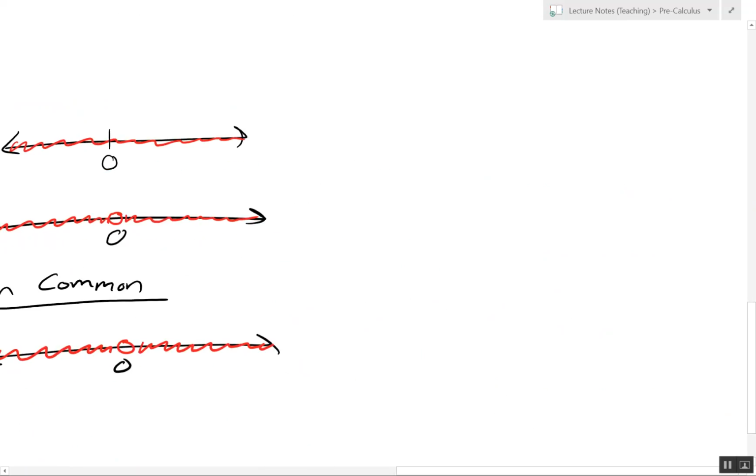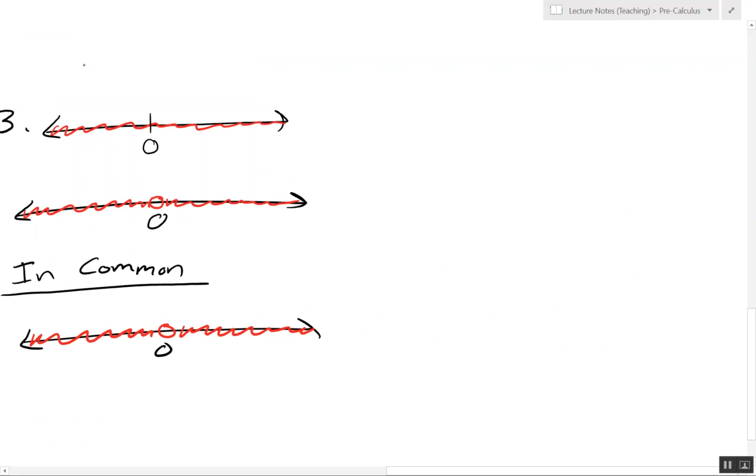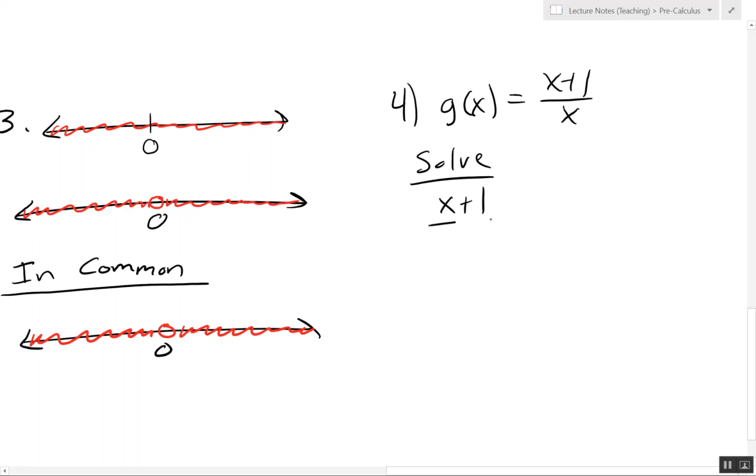So let's do a step 4 here. And so we get that g of x is equal to x plus 1 over x, and we want to solve x plus 1 over x equals 0. So notice, or recall, that a fraction is equal to 0 if the numerator equals 0.